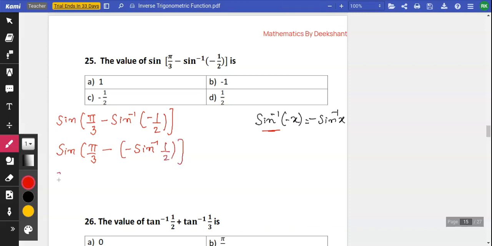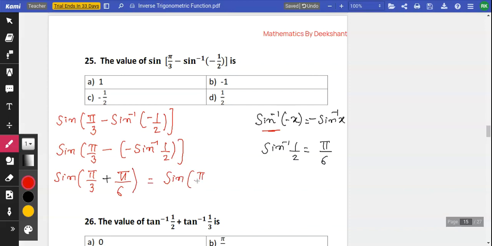Minus minus will become positive, and sine inverse 1 by 2 is pi by 6. Pi by 3 plus pi by 6 is equal to pi by 2, and the value of sine pi by 2 is 1. So correct answer is option A.